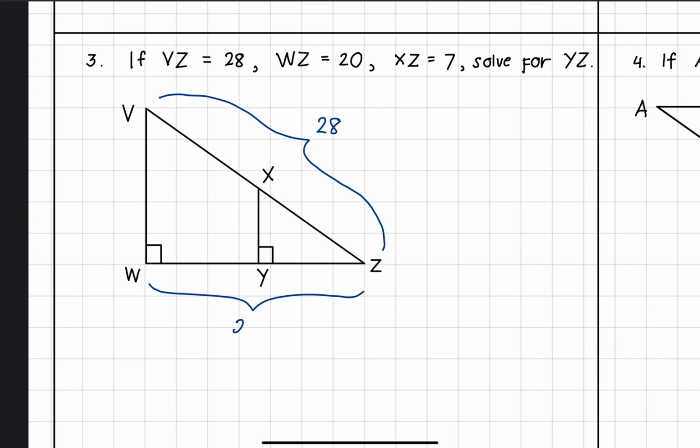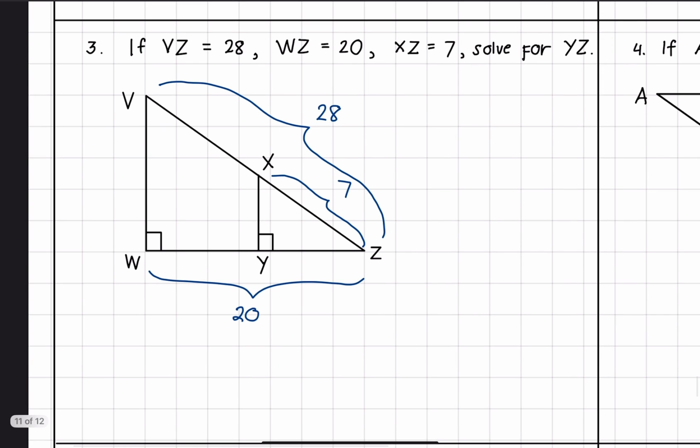XZ measures 7. Solve for YZ. Since we're looking for YZ, I can name this as A. And we're going to solve for A.